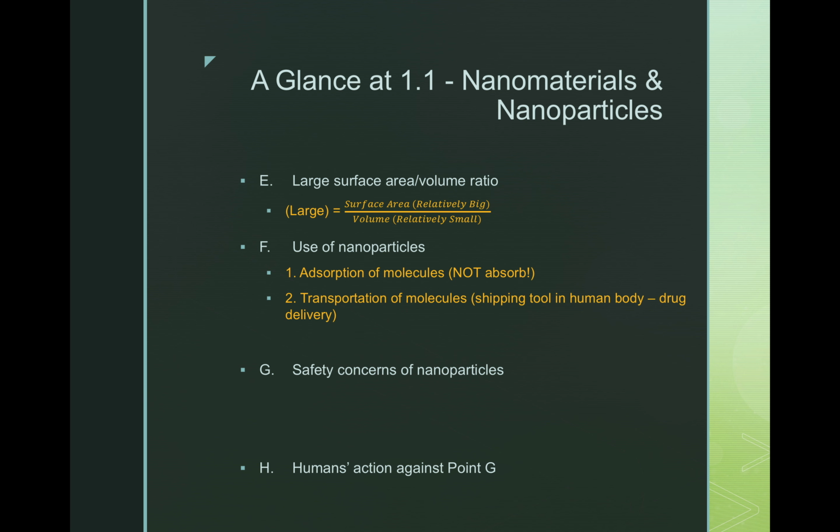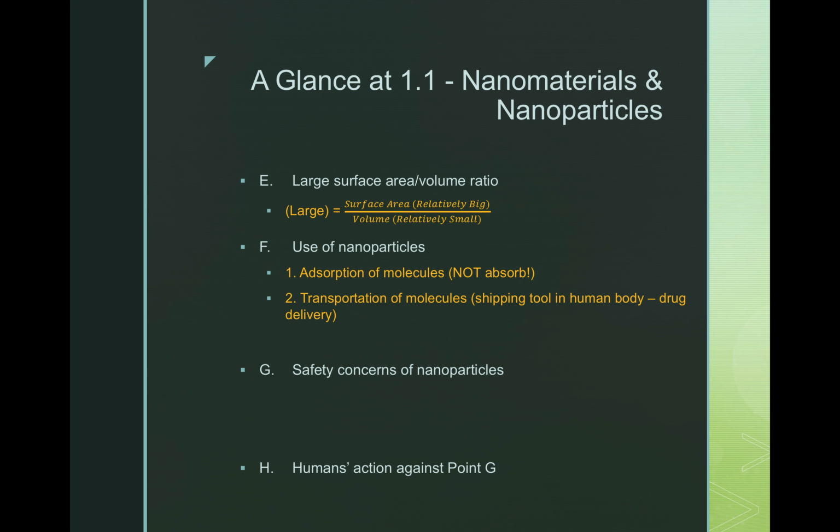And the second use is the transportation of molecules. We're using nanoparticles as a kind of shipping tool. Thanks to their big surface area to volume ratio, we can transport a lot of molecules. A detailed example is drug delivery in the human body. We know that chemotherapy is actually injecting some medicine into the human body and trying to let such kind of medicine attack the cancer cells.